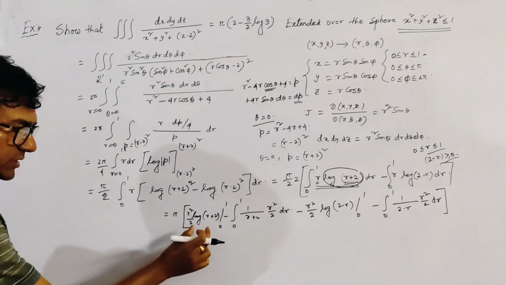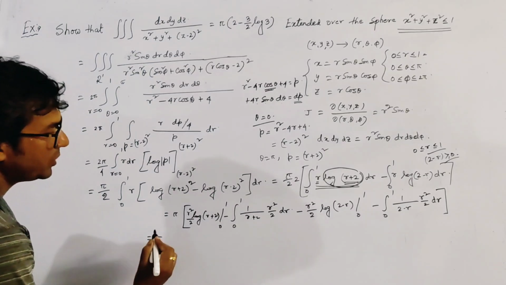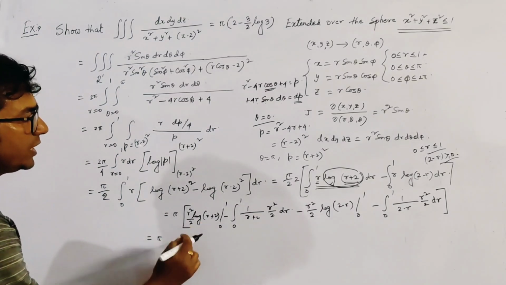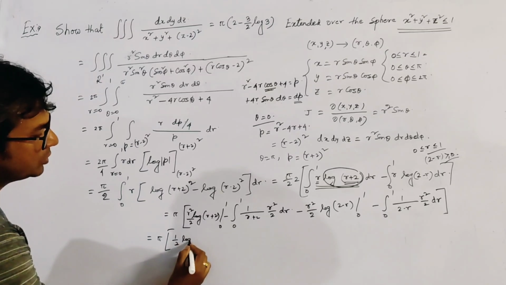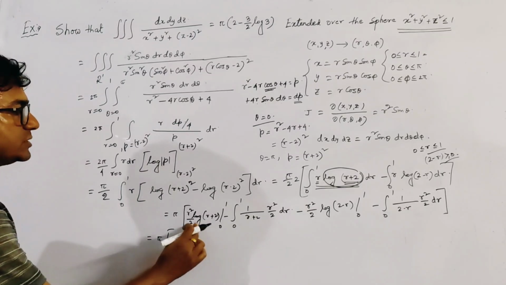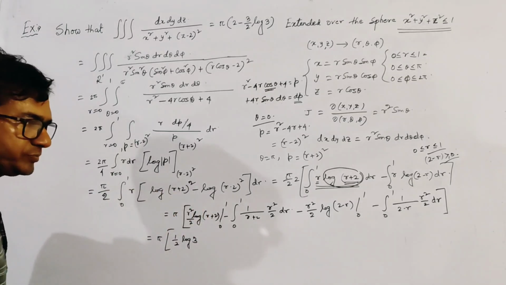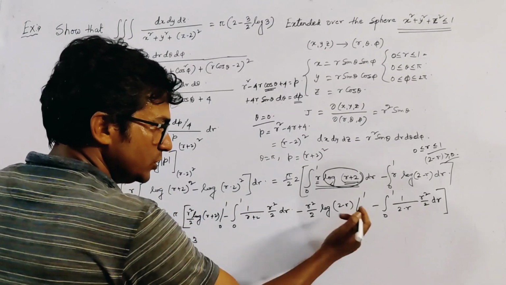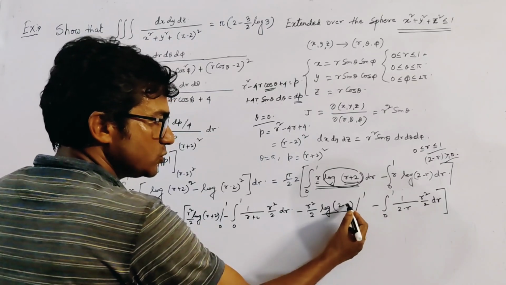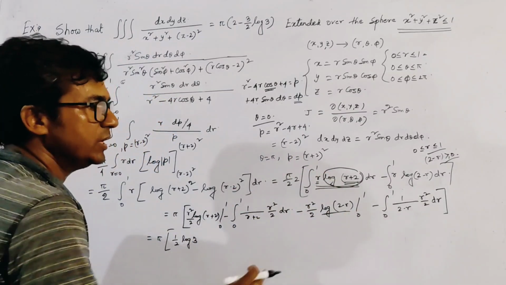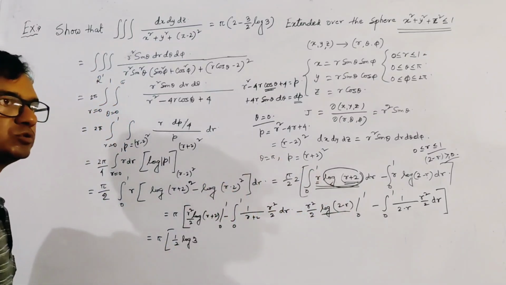Now putting the range here and here, we get pi. From here we get half into log 3 minus 0, because if we put r equal to 0, then the total term is 0. And from here, if we put r equal to 1, then log of (2 − 1) is log 1 equal to 0, and if we put r equal to 0, then this term is also 0.